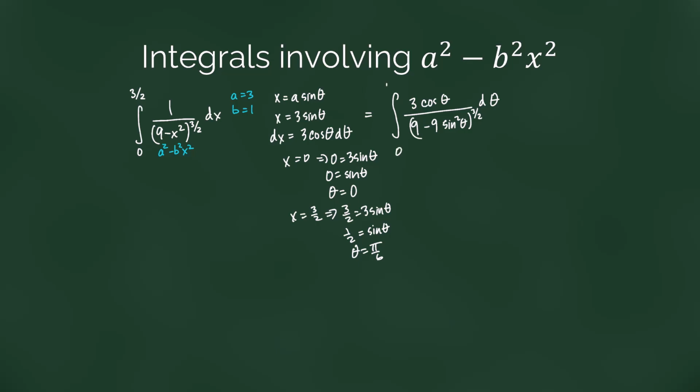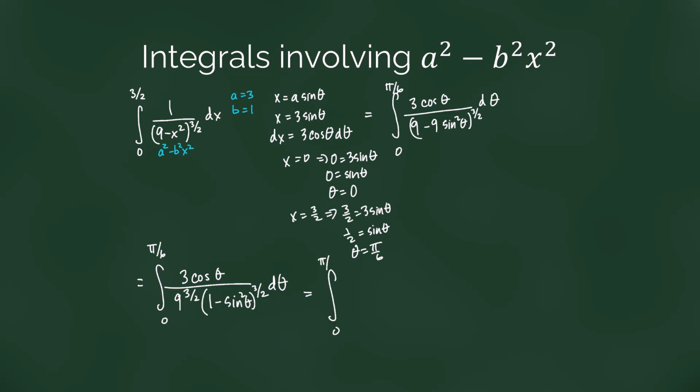So now we have the integral from 0 to pi over 6 of 3 cosine theta over 9 minus 9 sine squared theta to the 3 halves. So we can simplify the bottom, factoring out a 9, we have 9 to the 3 halves times 1 minus sine squared of theta to the 3 halves power d theta. We'll use our trig identity again.